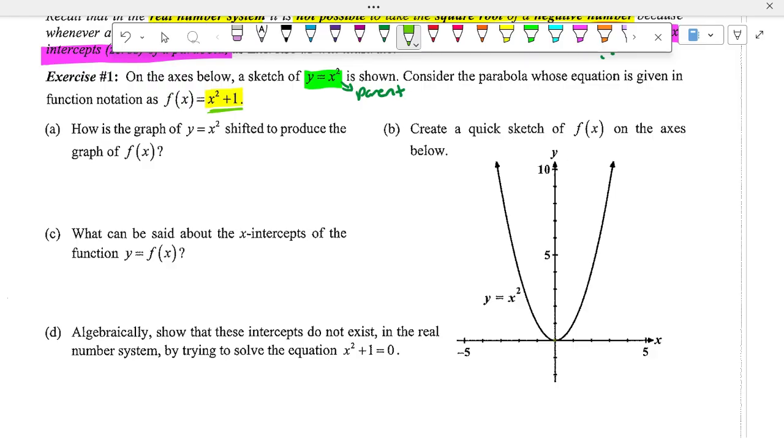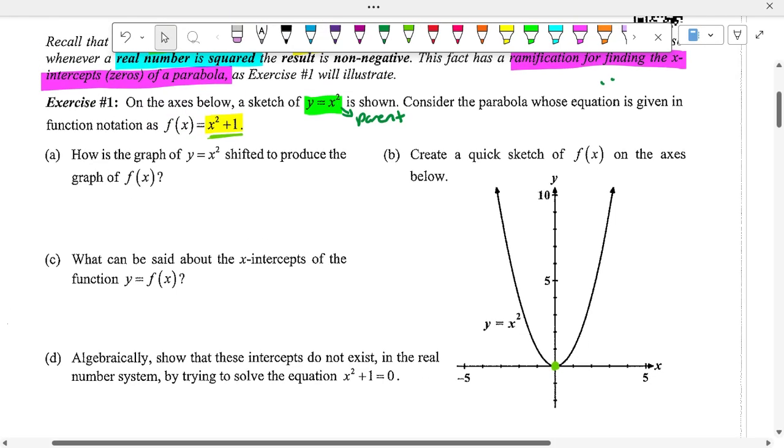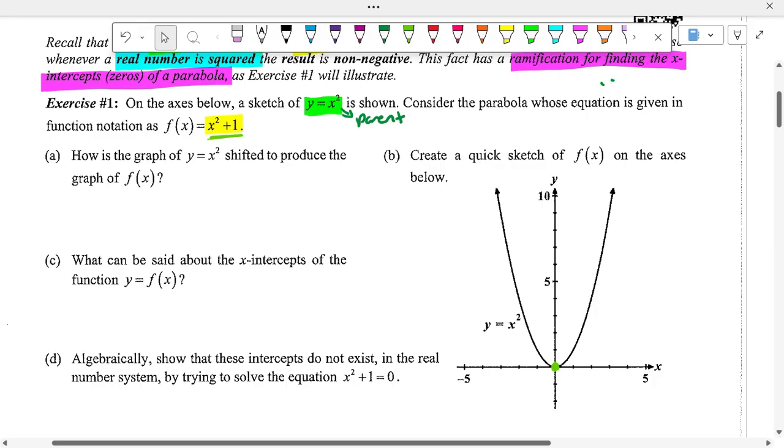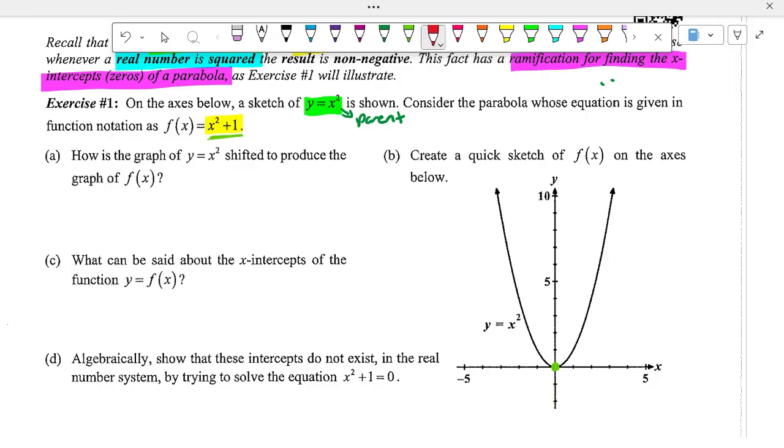If the y-intercept at this point is 0, 0, what's the y-intercept of x squared plus 1? 0, 1. How do you know? It's the c value. So this is my y-intercept, 0, 1. So it'll be right here.